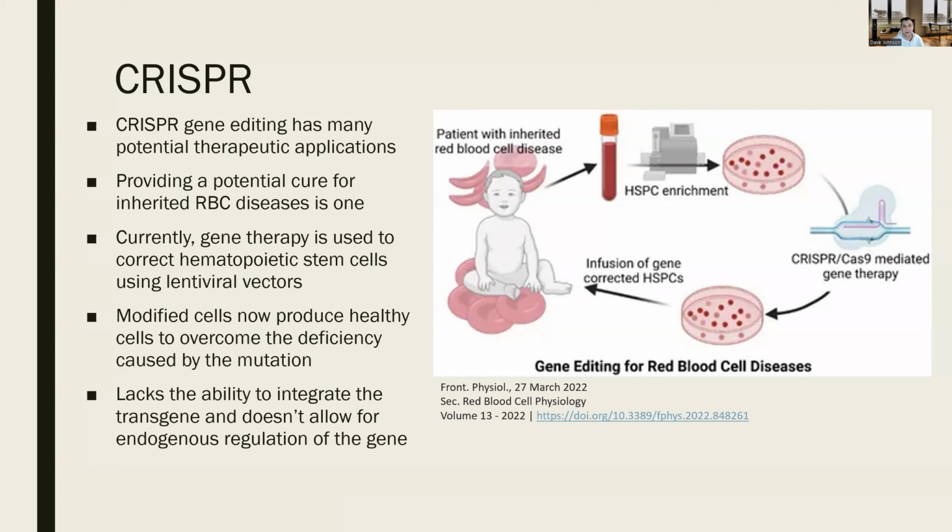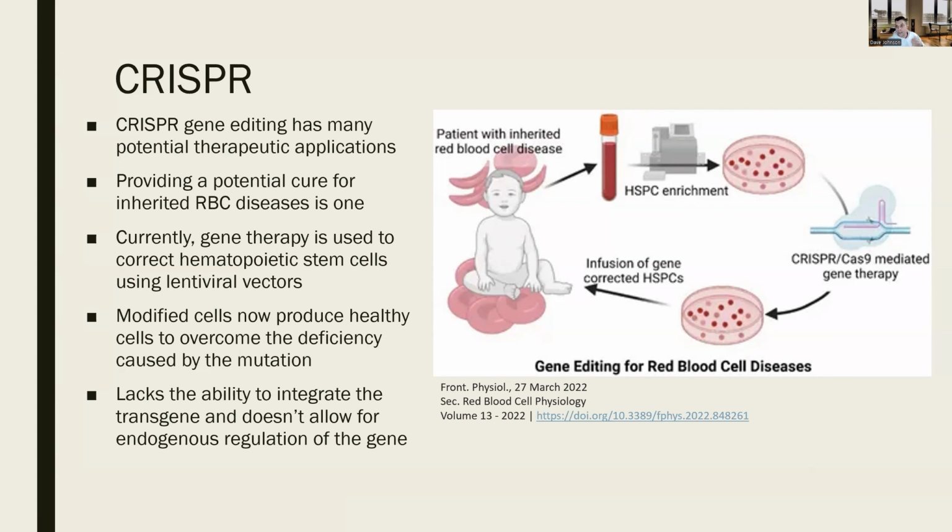Currently, the way that these are being treated genetically is through something called gene therapy. Essentially, they're using gene therapy to correct hematopoietic stem cells, which red blood cells and all other blood cells come from, using lentiviral vectors.